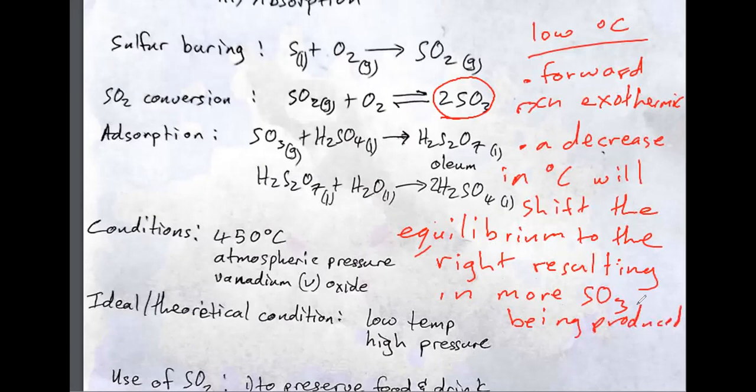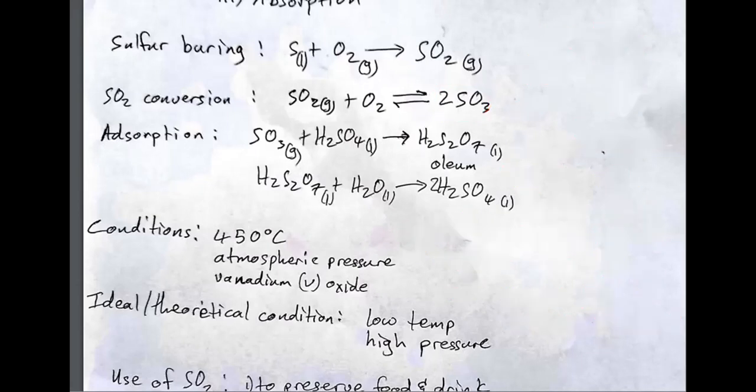For pressure, it is favored by high pressure. If you increase the pressure, the equilibrium is going to shift to the right again. So that is what you need to remember.